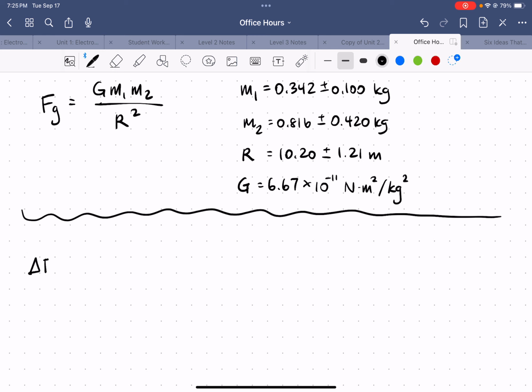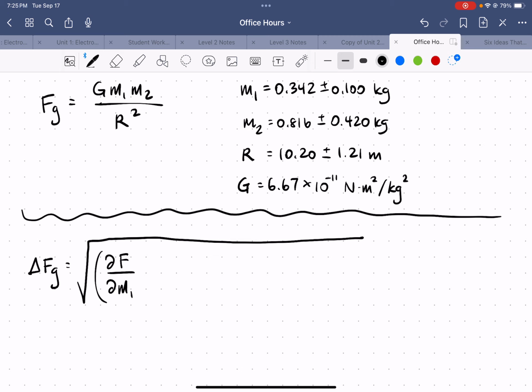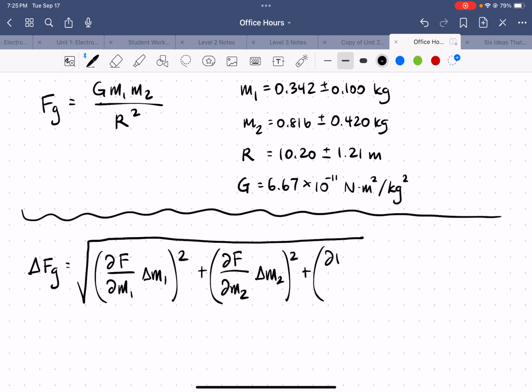We'll have the square root of three terms inside: the derivative of f with respect to m1 multiplied by the uncertainty in m1, and then the derivative of f with respect to m2 times the uncertainty in m2, each squared, and then the derivative of f with respect to r multiplied by the uncertainty in r. Now we just have to work out what each of these three derivatives is equal to.